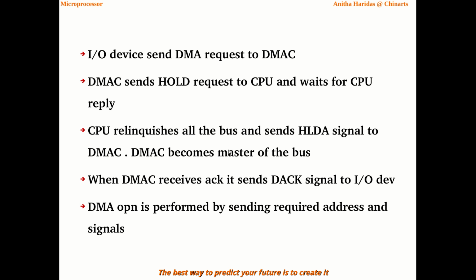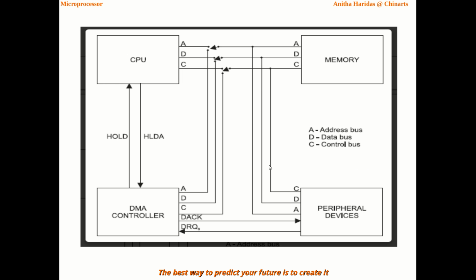Now the DMA controller becomes the master of the bus, the one which is going to control the system bus. Then when the DMA controller receives the acknowledgement signal, it will send the acknowledgement signal to the input output device, and the DMA operation will be performed by sending the required address and the corresponding signals. So this is how the DMA controller works.